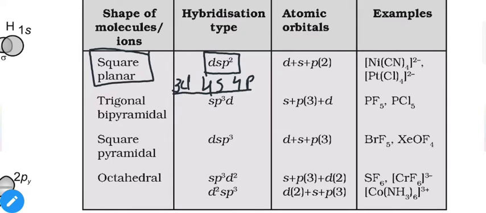And the total number of orbitals, as we can see, is one d orbital, one s orbital and two p orbitals. So in total we have 4 different bond formations. So these will be the atomic orbitals, and examples are mentioned here. Ni(CN)4, where CN represents cyanide ions, and this square bracket represents that it is a coordination complex molecule.